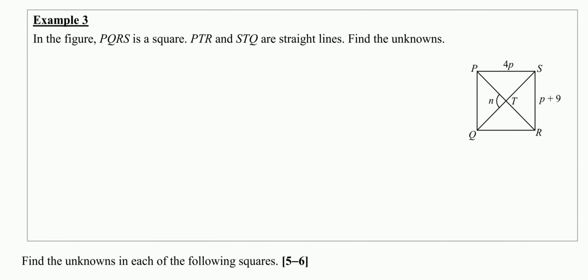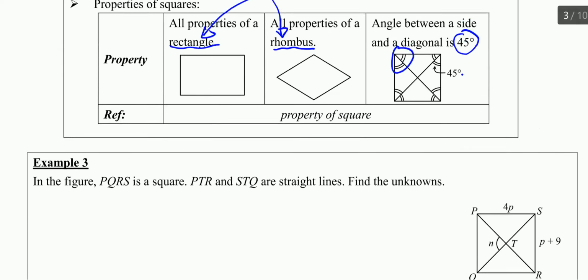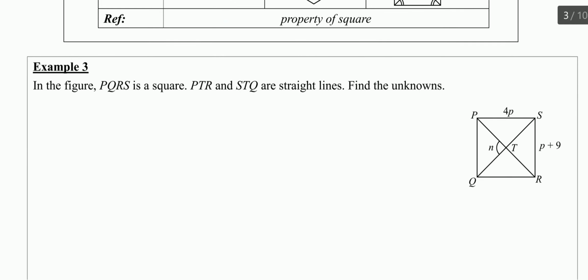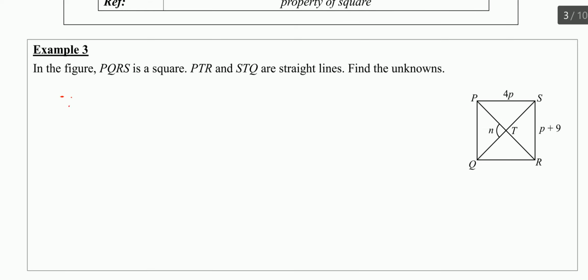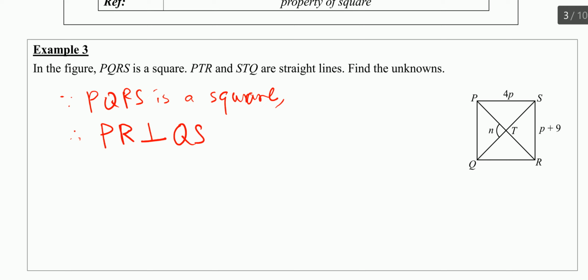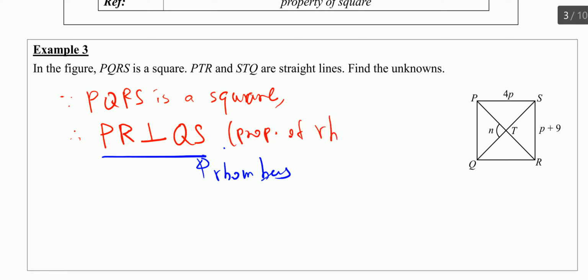This time PQRS is a square and we want to find n. We know that PR is perpendicular to QS, which is the property of the rhombus, so we can find that n equals 90 degrees.